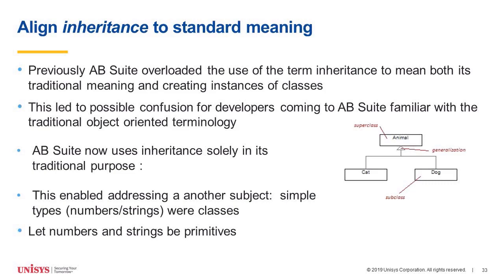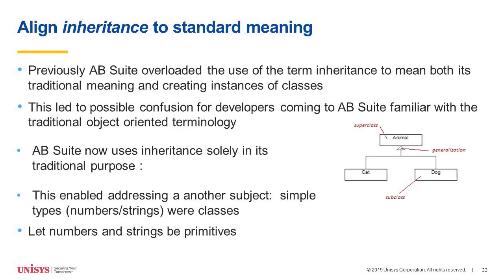AB Suite since its inception has always been an object-oriented language model environment. However, initially, AB Suite tended to what we call overload the use of the term inheritance to mean both what it standardly means in an object context, making a more specialized class from a master or superclass, but also the term inheritance was used on properties to essentially define the type.